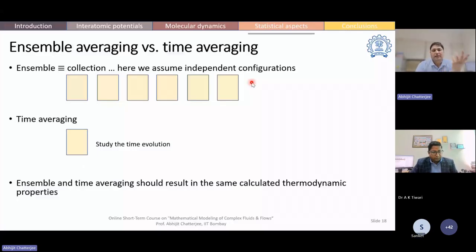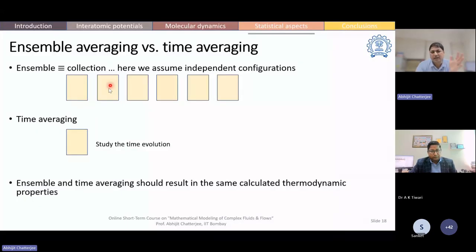So there are two options. One is you can perform multiple MD simulations. So the box shows one molecular dynamics simulation. It's a setup, and you can perform a calculation and get the positions, velocities, other kinds of properties from a single MD simulation, and repeat the MD simulation in an independent way.